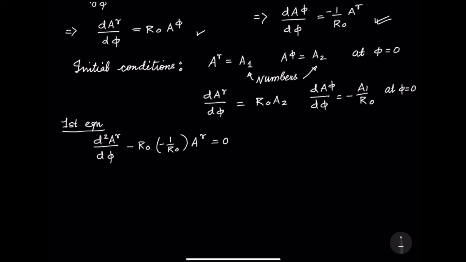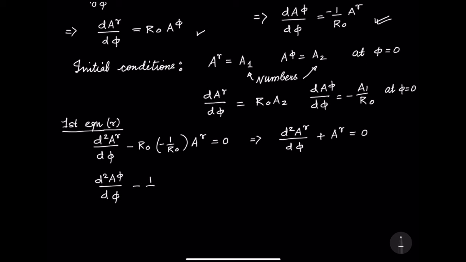Let's call it the first equation, that is of Ar. This essentially means this is a kind of simple harmonic oscillator equation, which looks like this. If you look at the other equation, you will surprisingly see it looks exactly the same. Still, let me work it out for you, at least for this particular case.